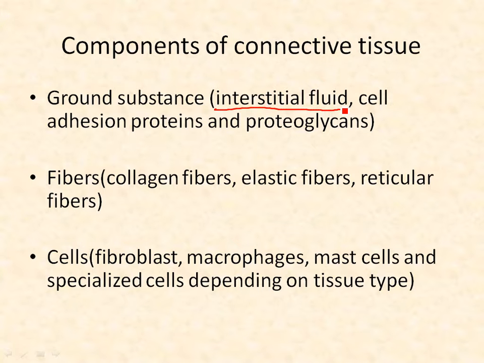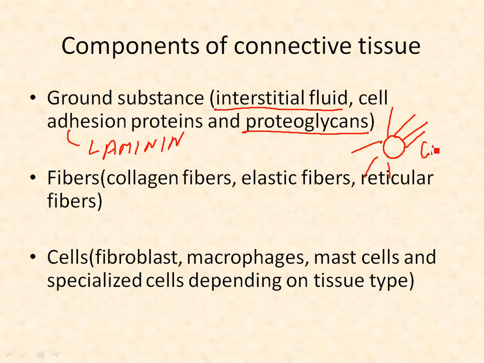Cell adhesion proteins, for example, are the laminins, which bind cells together, and then are the proteoglycans, which are a polysaccharide, mucopolysaccharide. They have a core protein from which these polysaccharides, that are the gags, stick out.